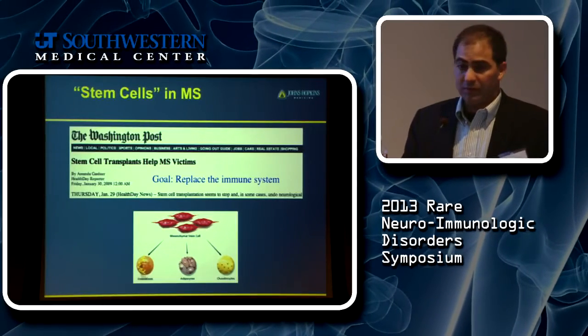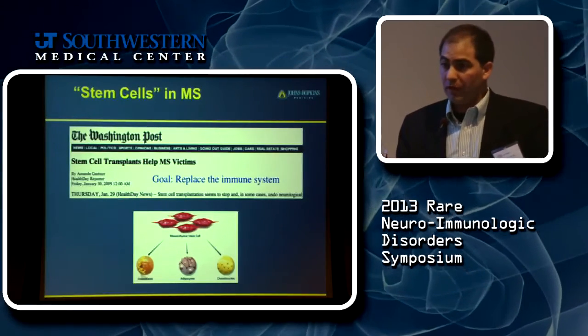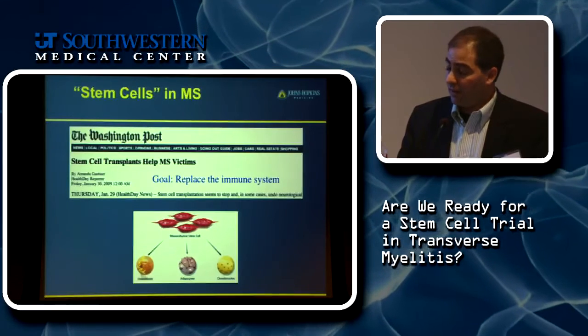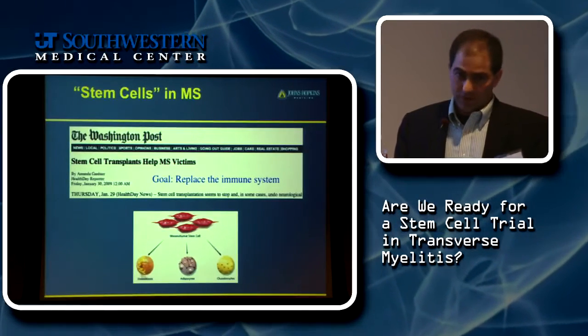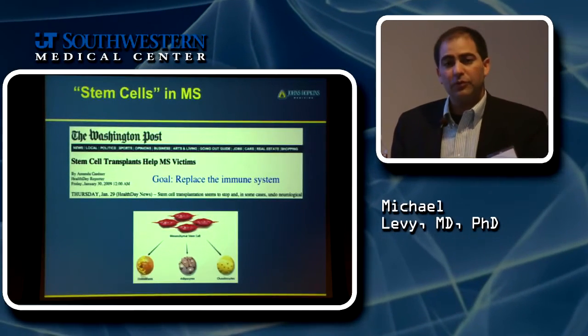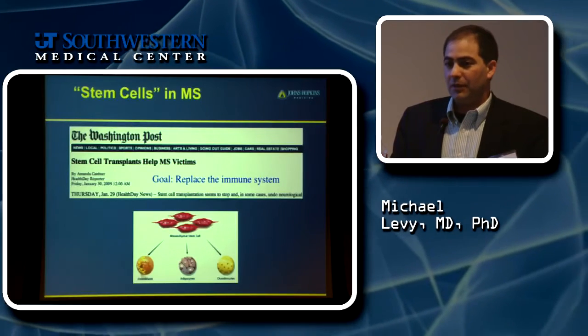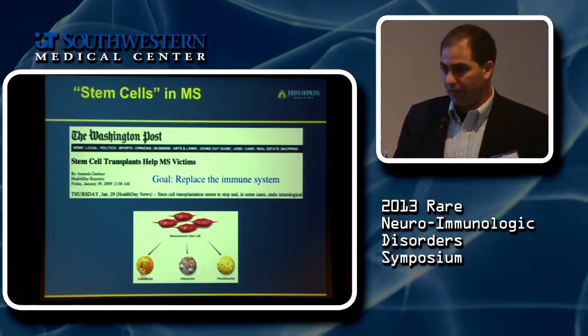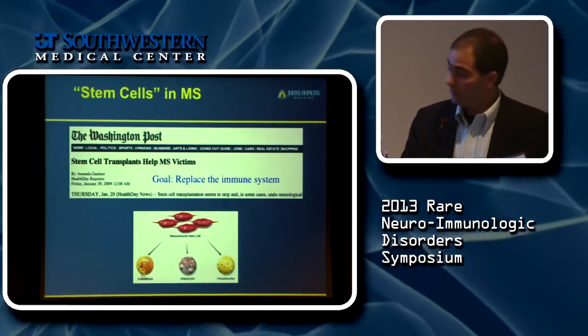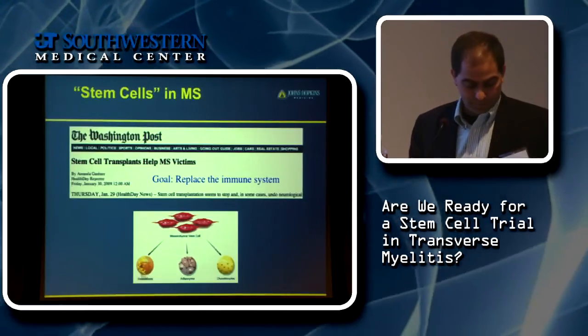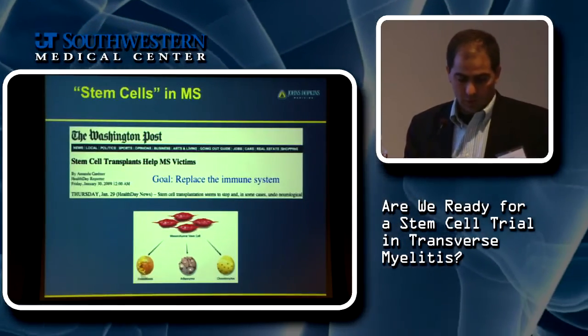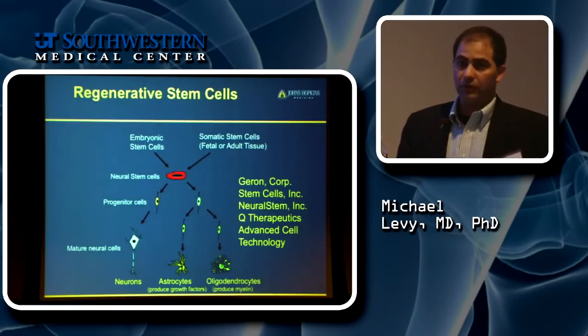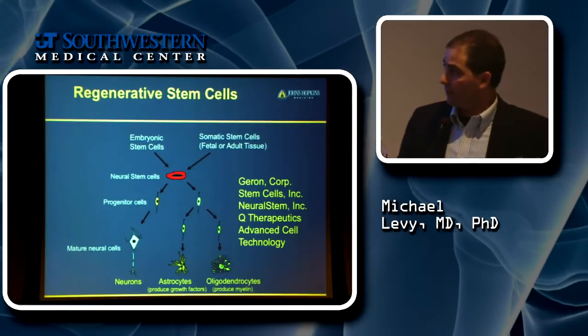We know that if you put these mesenchymal stem cells near the spinal cord or the brain, they won't do anything. Actually, they will do something. They'll do what they do outside the spinal cord and the brain, which is calming the immune system. But they don't assist in the regenerative process. So what I'm talking about are so-called regenerative stem cells.